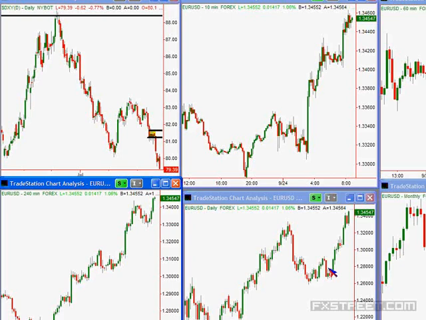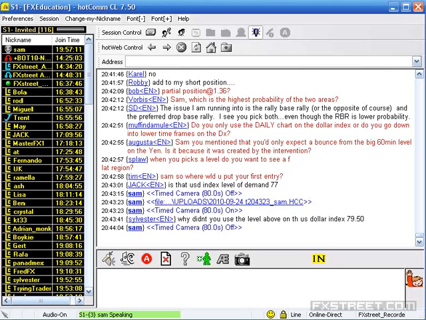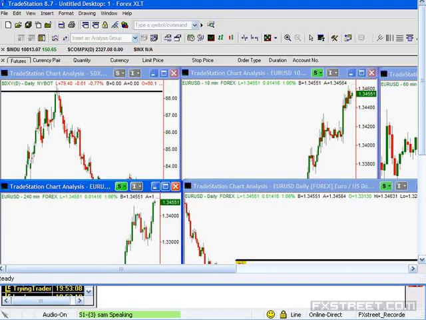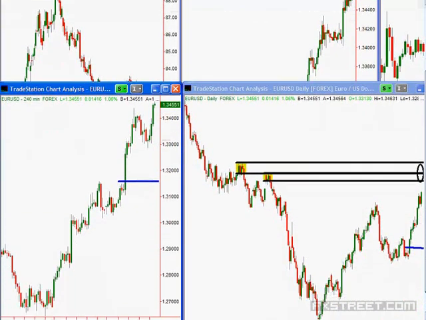Okay, so I'm going to show you now a daily chart and the 240. Okay. So those blue lines represent where the profit targets would be.